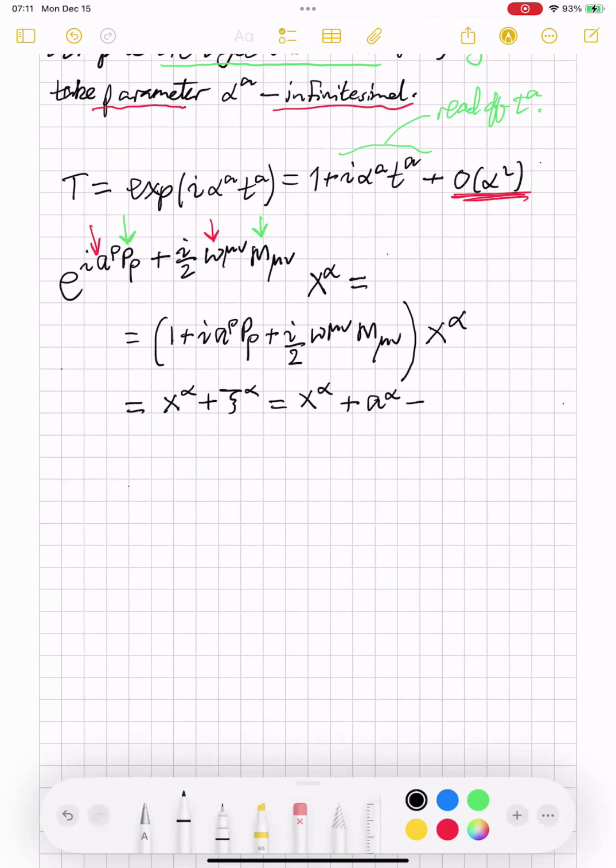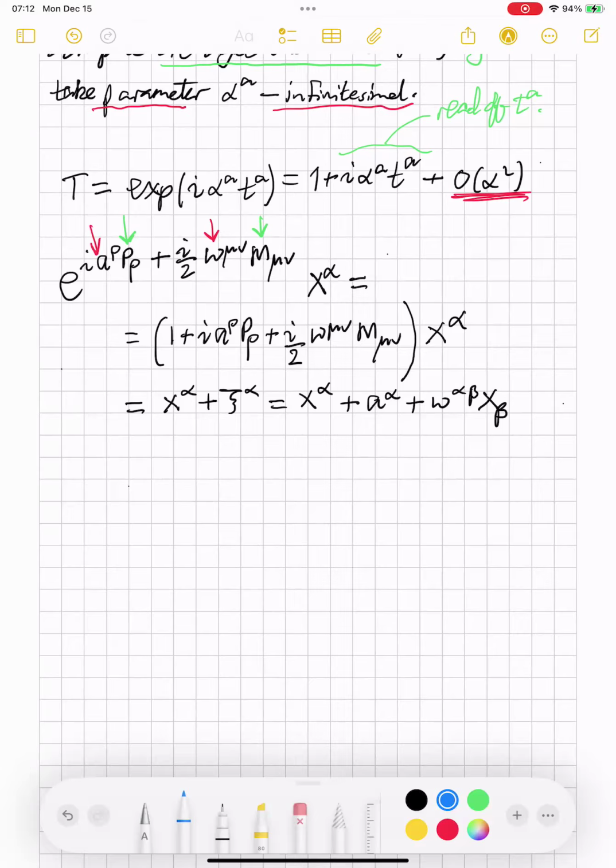So we've got a^alpha plus omega^alpha_beta x^beta. And to proceed now, what do we do? Well, we start to equate terms in this expression. So the terms which are independent of the parameters, where there's no a and no omega, on the two sides of this equation are just x^alpha. So those already match.